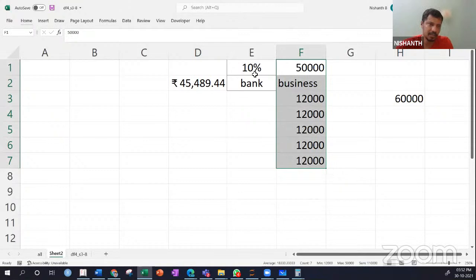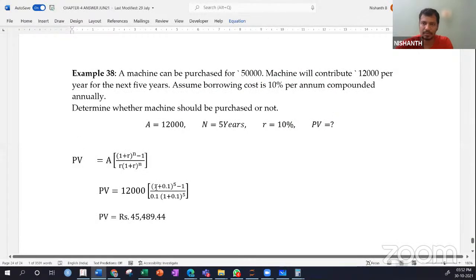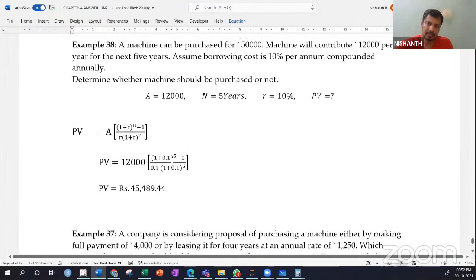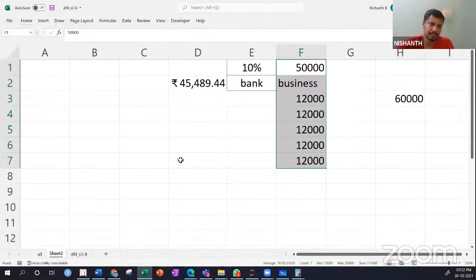Because it is giving you less than average returns. That's the conclusion. So we conclude that this machine should not be purchased at this price. Clear? But this is how most of the business works. Most of the things work in this mode itself.